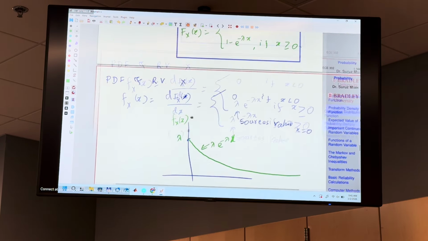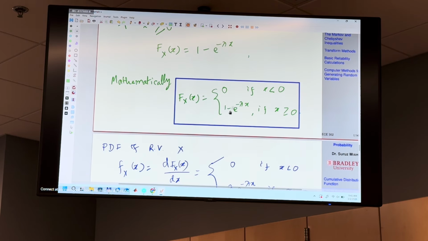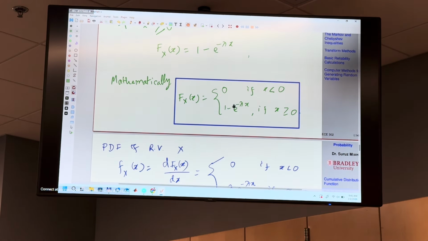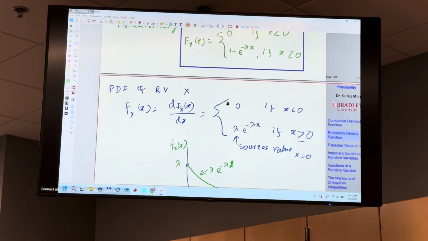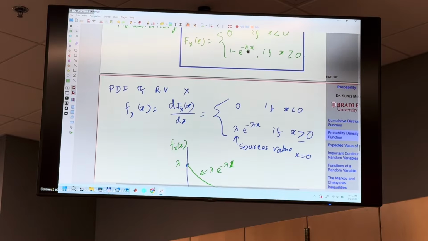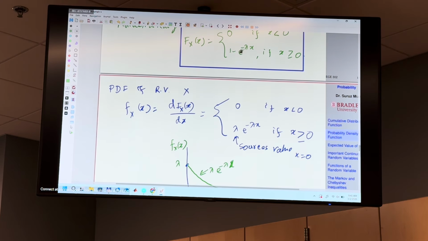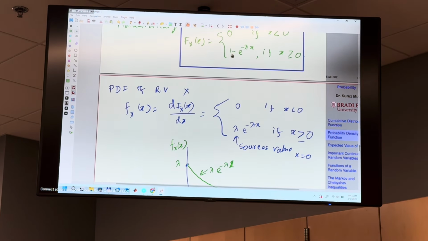Now, you can figure out what the CDF is going to be: it is just going to be the opposite. I'm not drawing the CDF graphically, it is just going to be the opposite. When x equals 0, it is going to be 0, whereas it is 1 minus this quantity, so it will keep increasing.